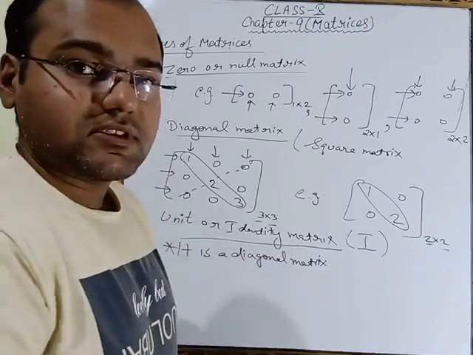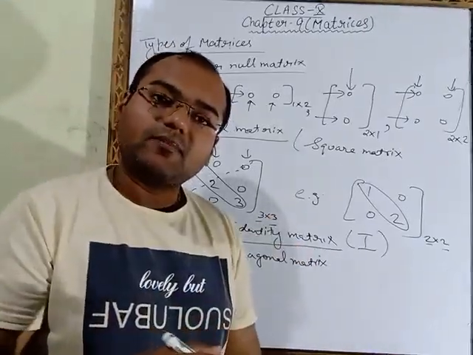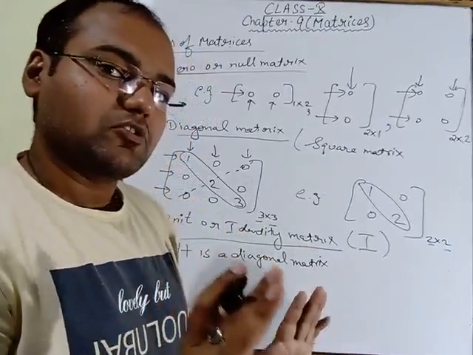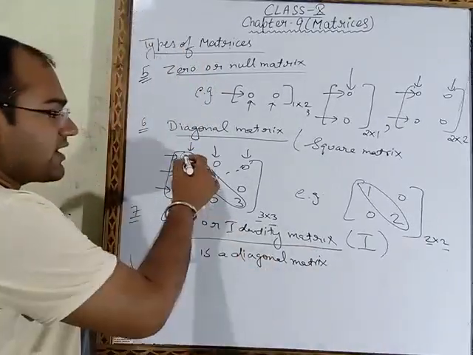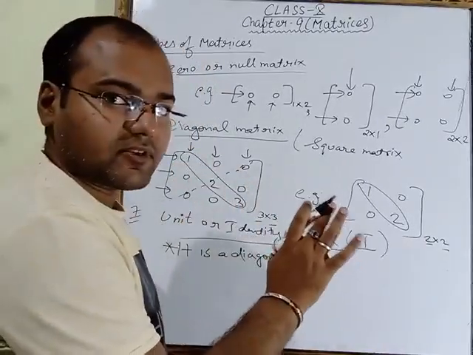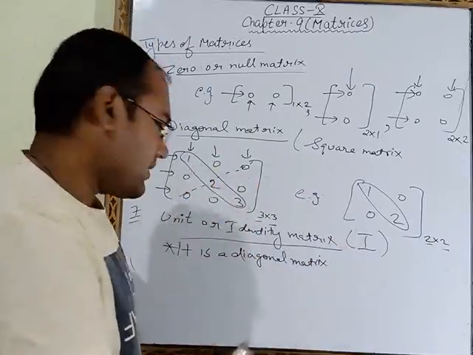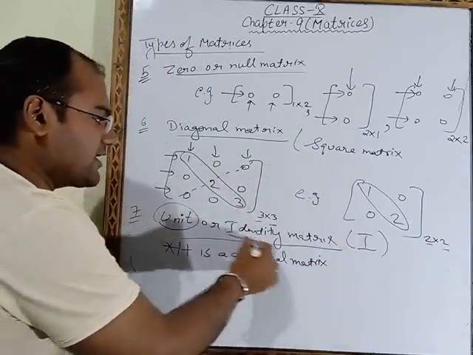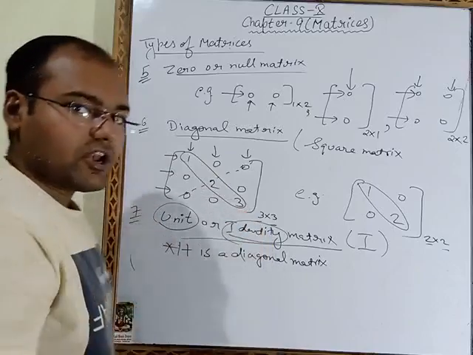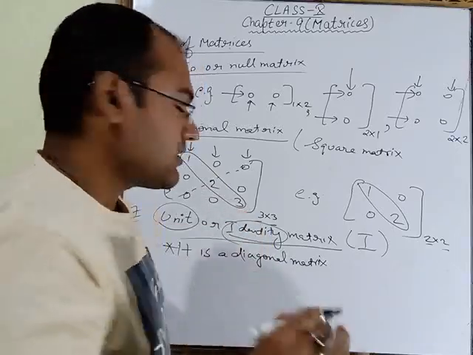Diagonal matrix means except the diagonal elements, all the elements will be 0. And here the diagonal elements can be anything. Any number can be there in a diagonal matrix, but in a unit or identity matrix, in the diagonal only 1 will be there.